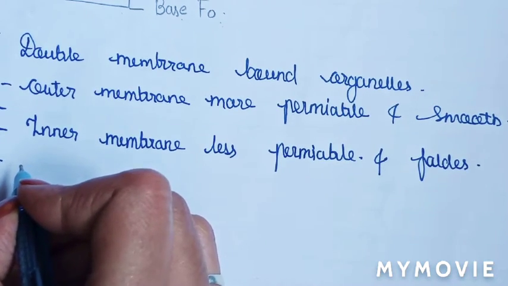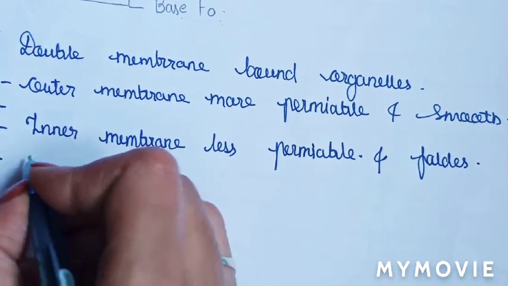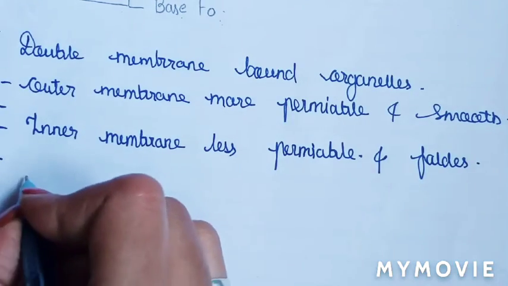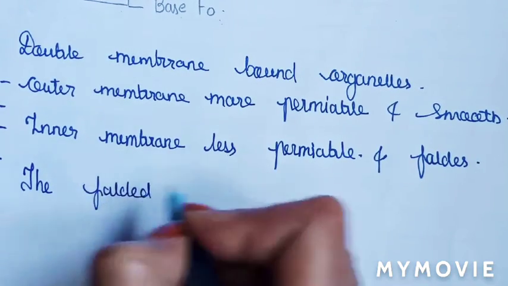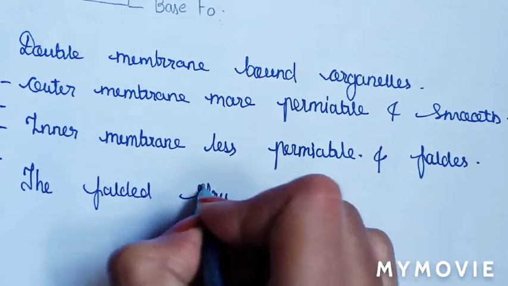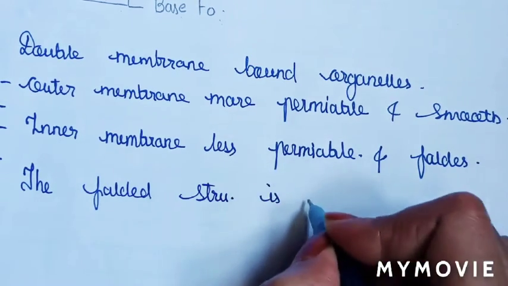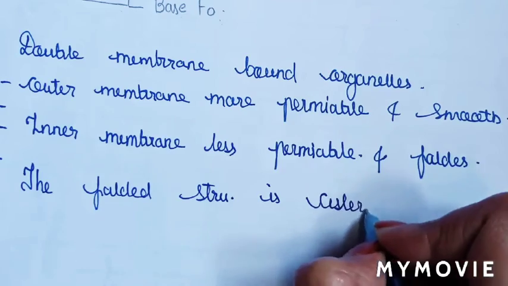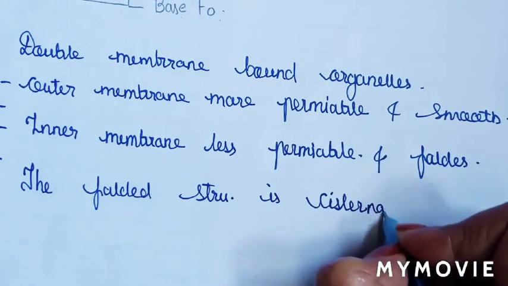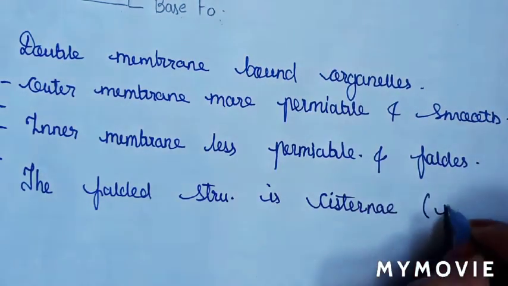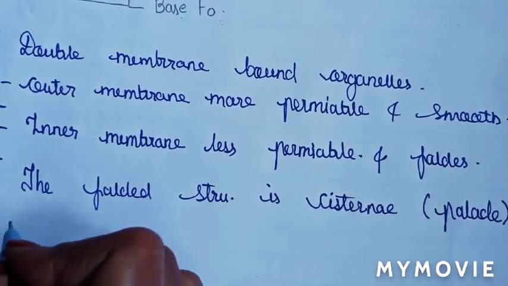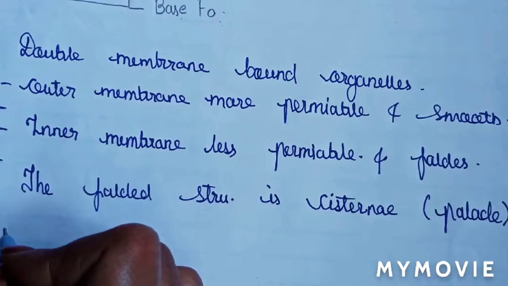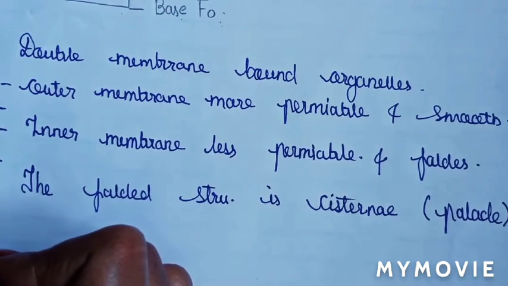These folds are known as cisternae. The folded structure is cisternae, or we can say it is palade. This cisternae consists of a number of oxysome particles on the inner surface.